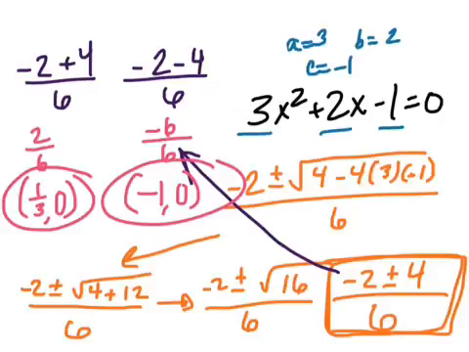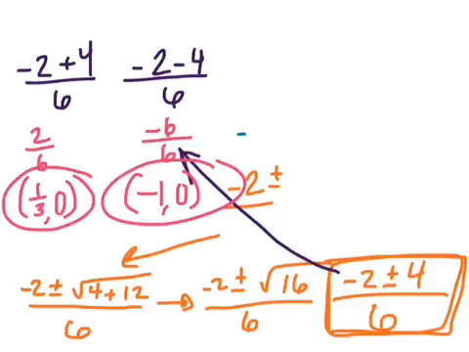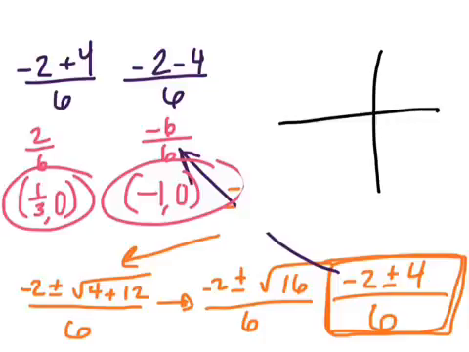Now we can use this information to take this graph even a little bit further. So I'm going to erase some of this so I can actually graph this using the information that we have up to this point. What we know so far is that it's opening upward. We know that the vertex is at negative 1/3, negative 4/3. So again, that's about right here. Maybe that's not perfect, but it's close enough.